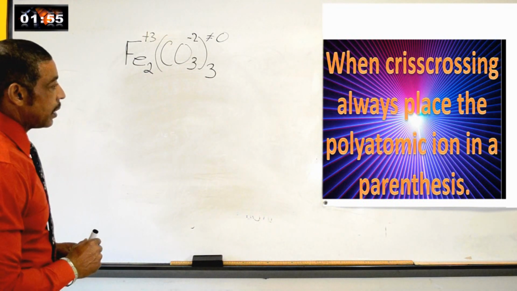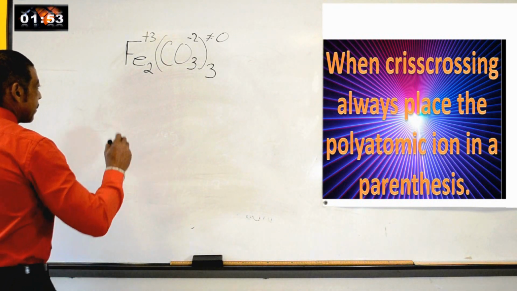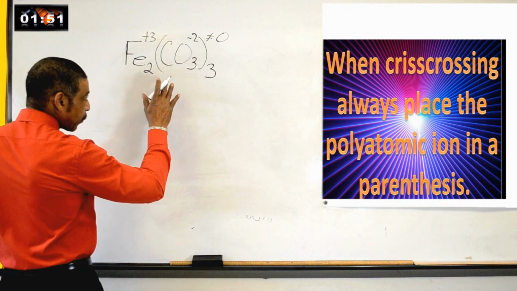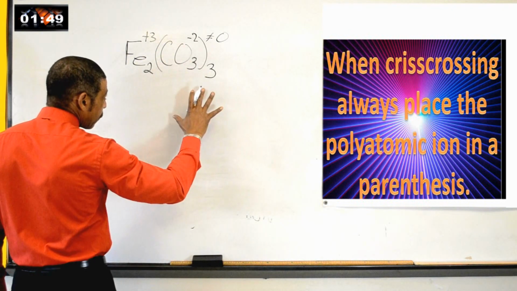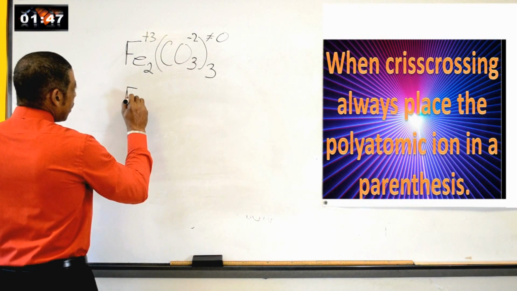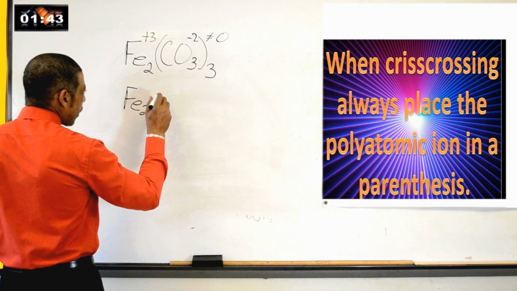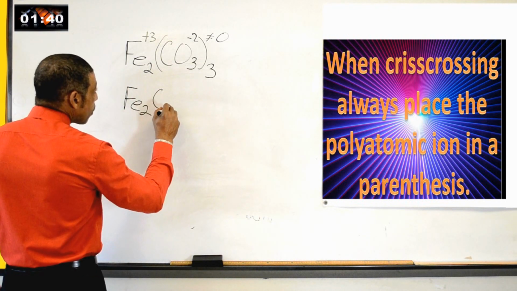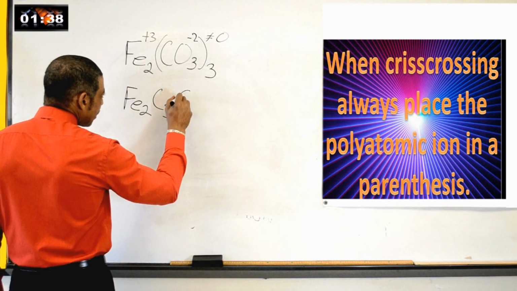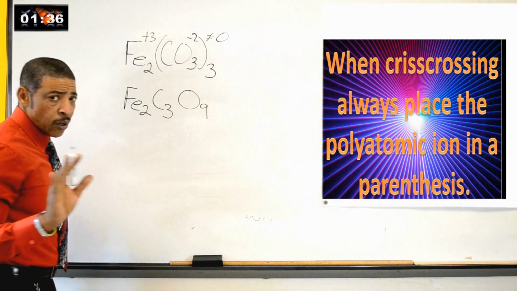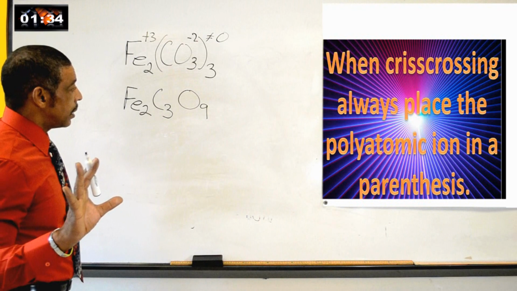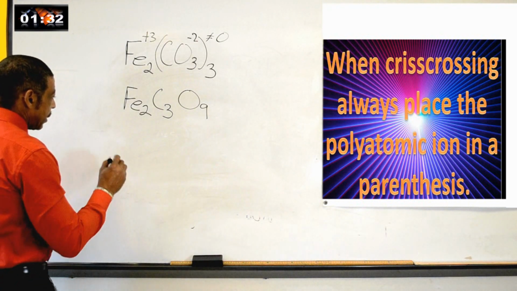Now let's determine the percentage of iron. At this point, we now have to eliminate the parentheses since we have the correct formula written, and the number of atoms, or moles of atoms, becomes 2 moles of iron, 3 moles of carbon, and 9 moles of oxygen. So that's how it works. Now we may determine the total mass of the compound.